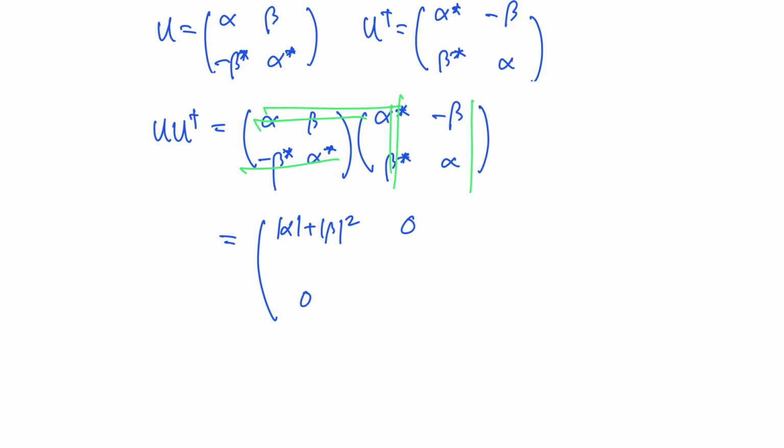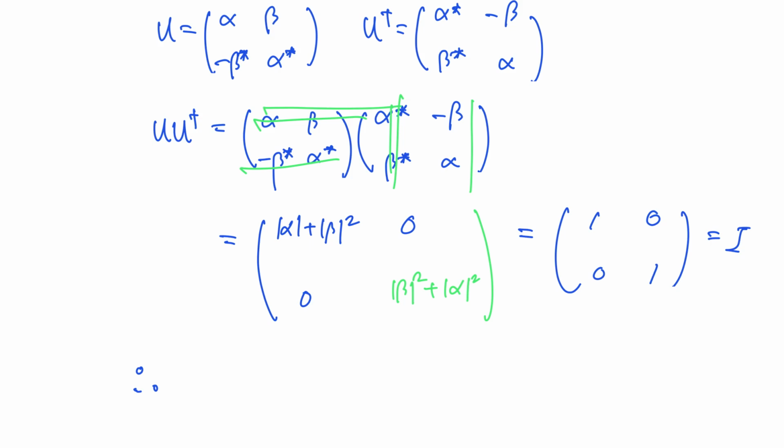The final element is beta square plus alpha square, which is 1. So this is equal to 1, 0, 0, 1, the identity. Therefore, we can say U dagger is U inverse, and that's unitary.